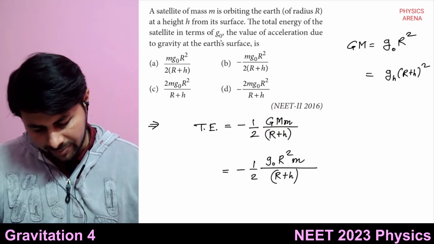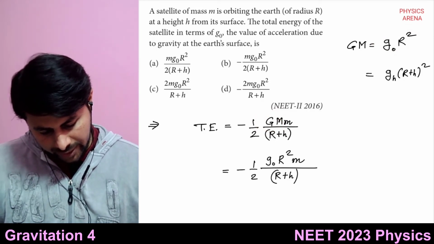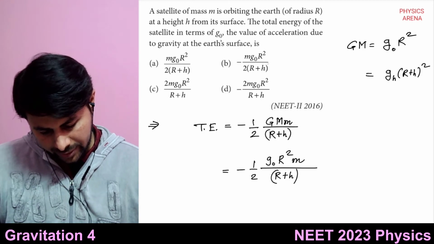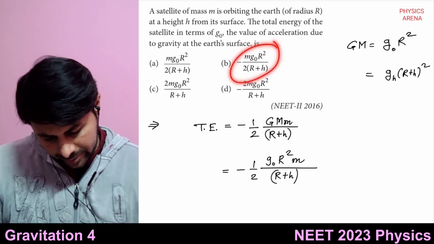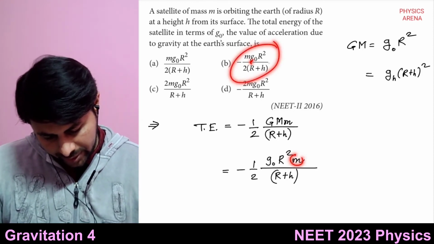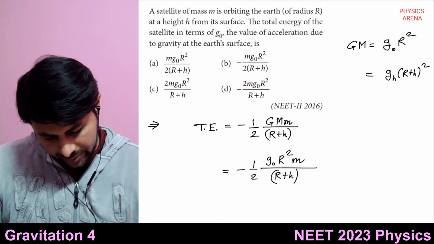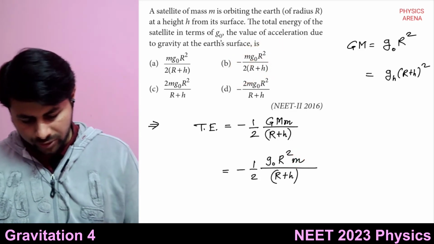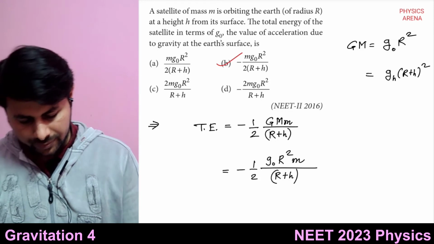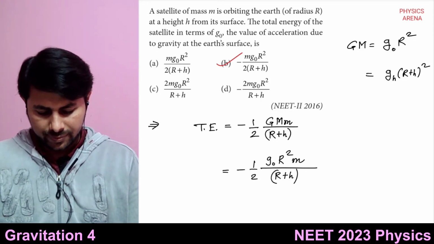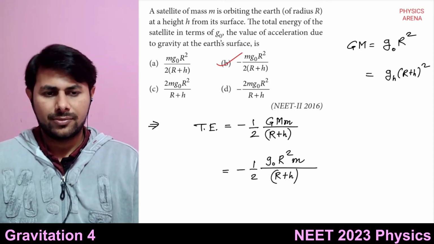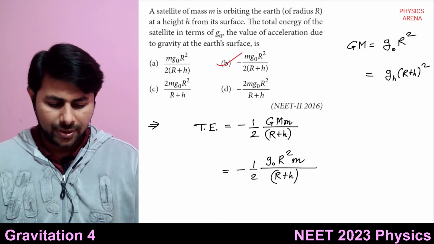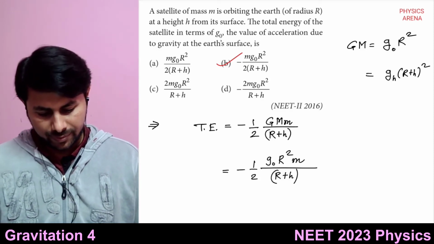Is it matching with any option? I guess option B, m g naught R squared. Yes, it's option B. So this is also simple.